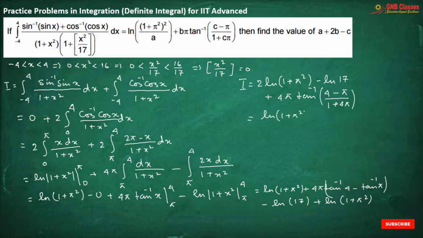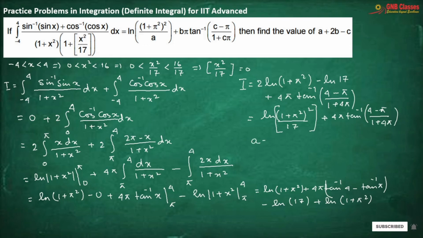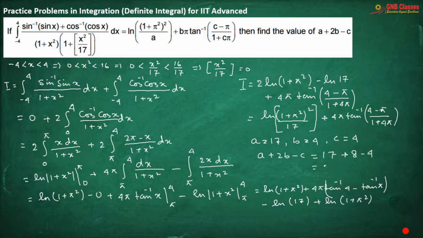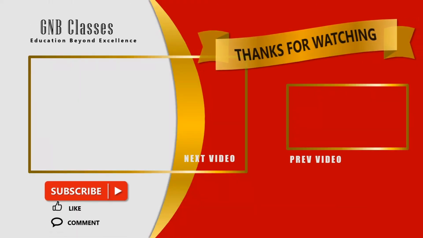So we are getting... is it clear? Now if we compare, A is 17, B is 4, and C is also equal to 4, right? Therefore the value of a + 2b − c equals, so my final answer is 21. Have you understood this problem clearly? Okay.